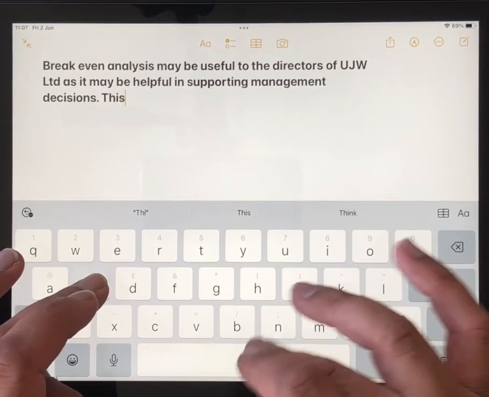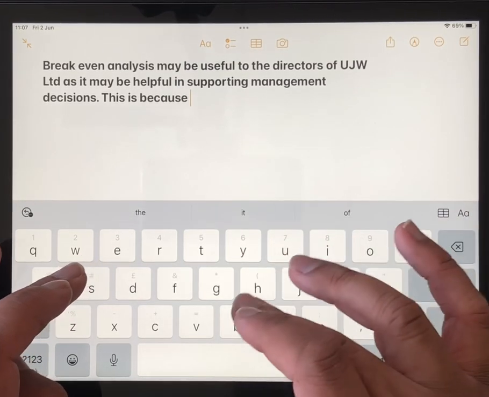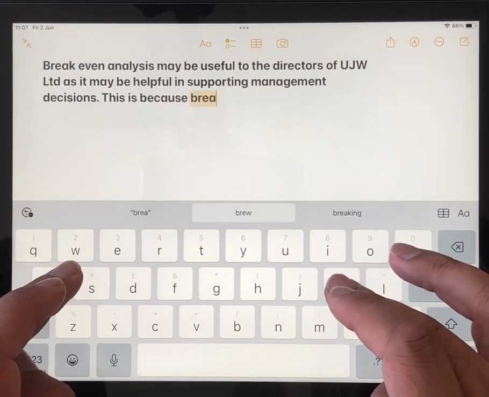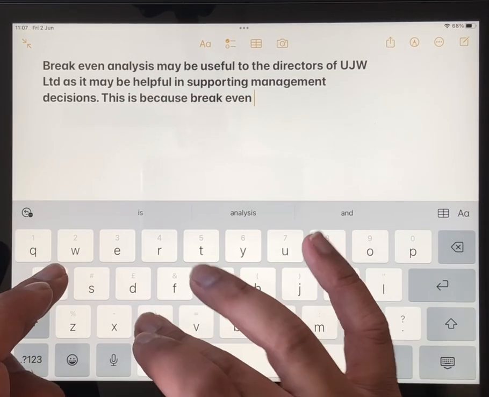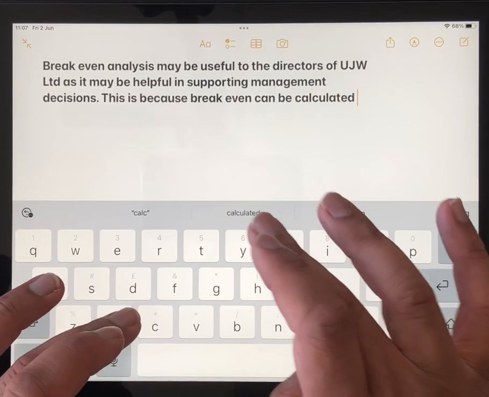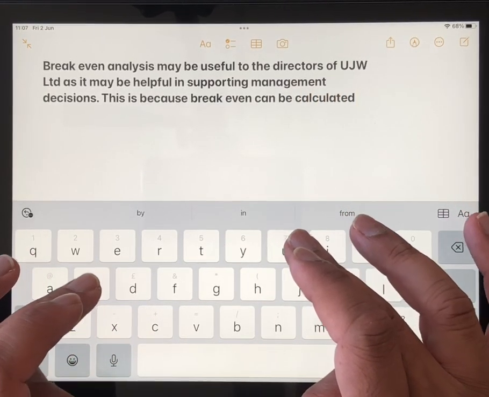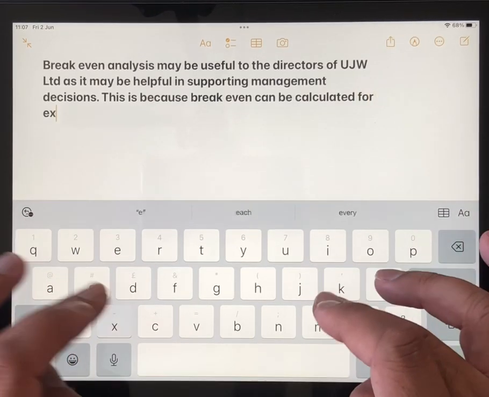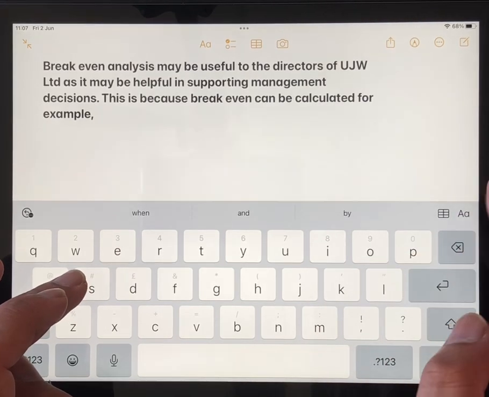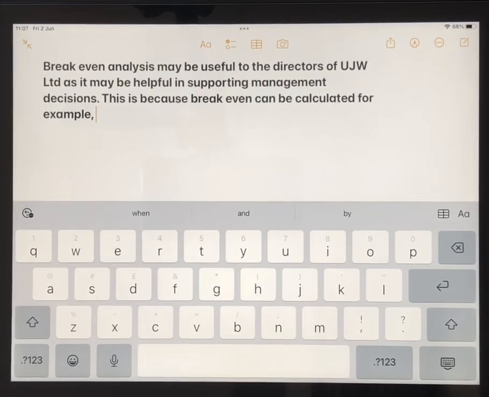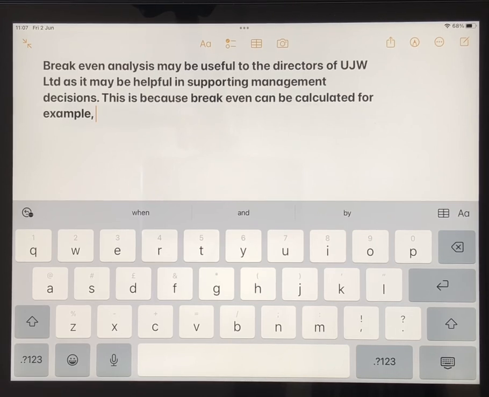Okay, this is because break-even can be calculated. So for example, if you use the data here, now for example, you might need to refer to your notes from the previous question, but we worked out for, I think the first question was 5 marks, and it mentioned calculate break-even for factory A. Okay, so one of the benefits of break-even analysis is it can support management decisions.